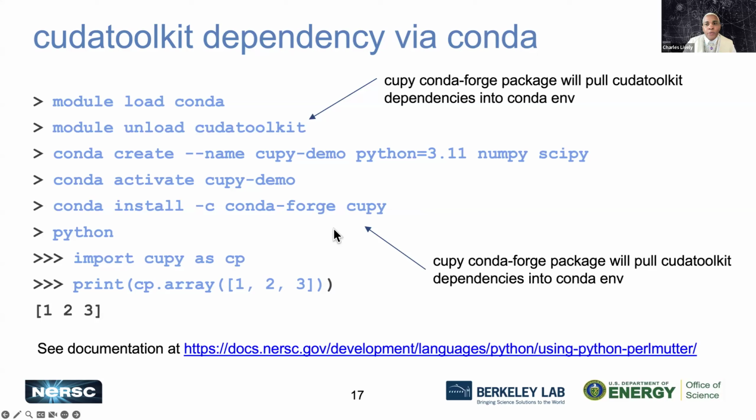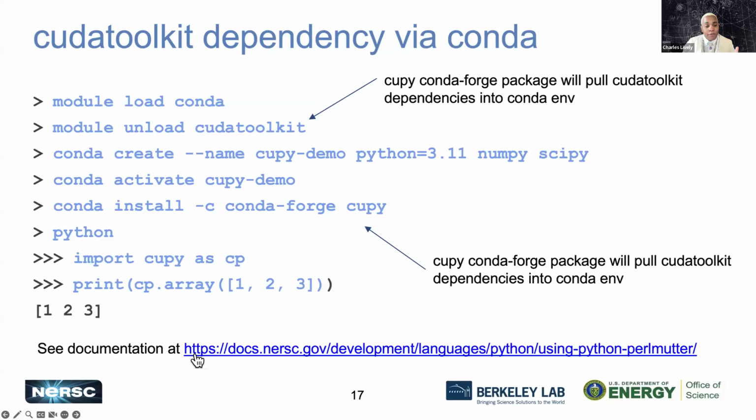So, with those toolkit dependencies, you want to make sure that the CuPy conda-forge package will pull those CUDA toolkit dependencies into that environment. And you also want to make sure the CuPy conda-forge can pull those dependencies into your conda environment as well.